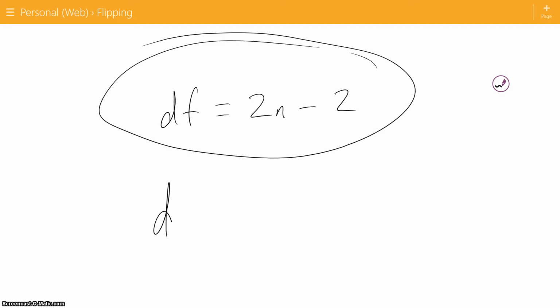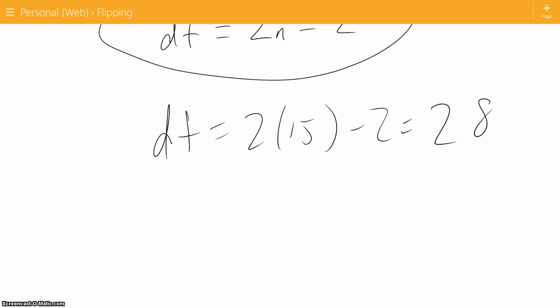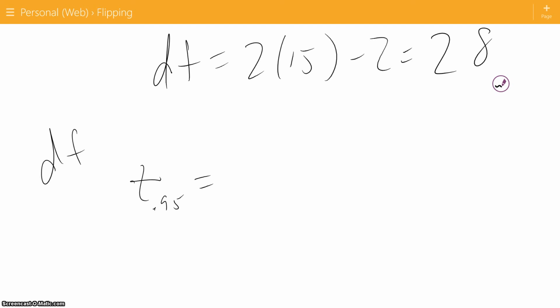So we plug in, we said that our n for both of these was 15. That'll give us 28. So on your t-score table, look up for where t of 0.95 would be with a degree of freedom of 28. And you should get 1.701.